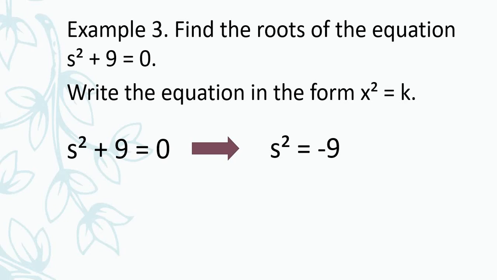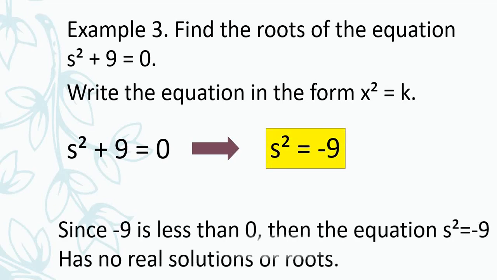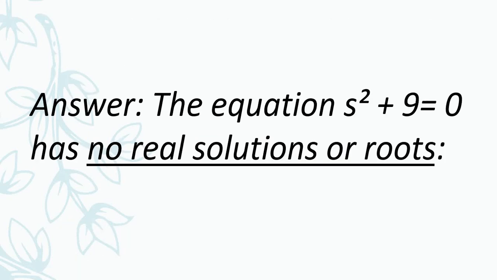As I said earlier, when k is less than 0, or negative, x squared is equal to k has no real solution or root. We have no solution. Since negative 9 is less than 0, then the equation s squared is equal to negative 9 has no real solution or root. So the answer: the equation s squared plus 9 is equal to 0 has no real solutions or roots.